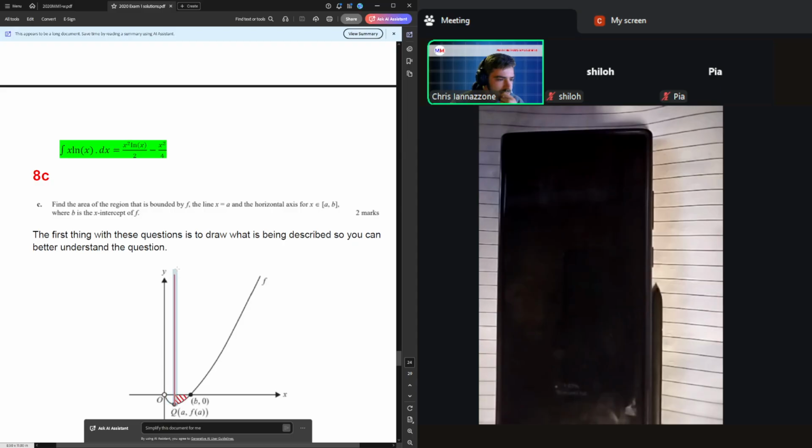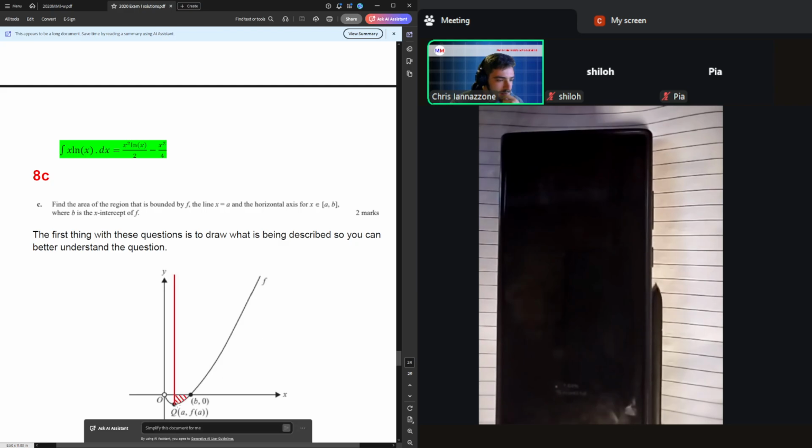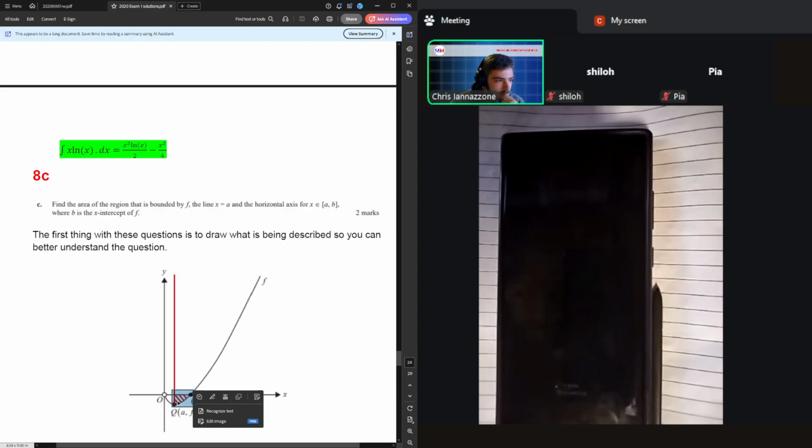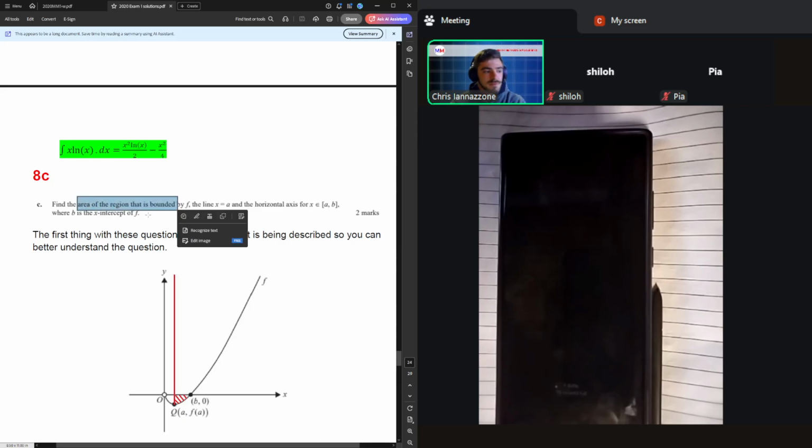You've got the line x equals a, you've got b, the cutoff point, and the function. Those are all the lines that make up the perimeter of the shape we're trying to find the area of. So we're now trying to find the bounded area, the area bounded by all those things.